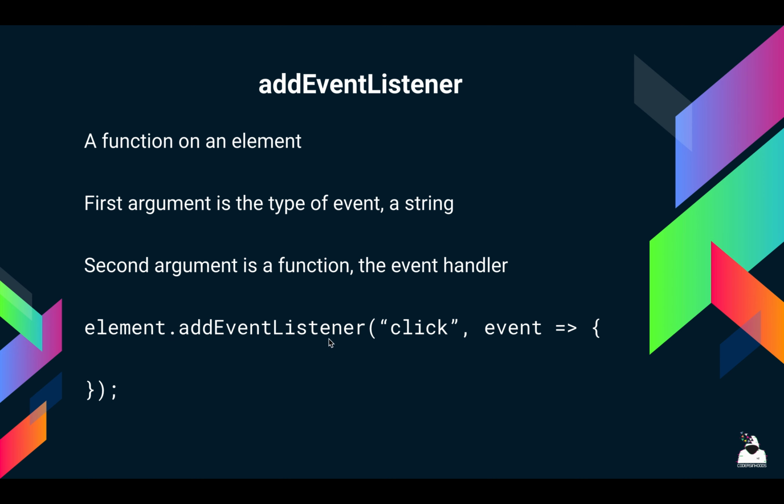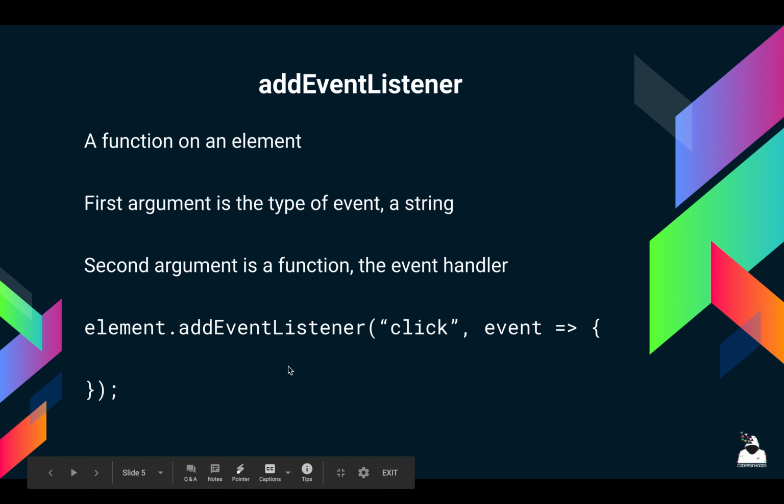We call the function addEventListener on the element. We pass a string that says click. We want to listen for when the user clicks on this element. And we pass it a function that describes what we want to happen when the user clicks on the element.